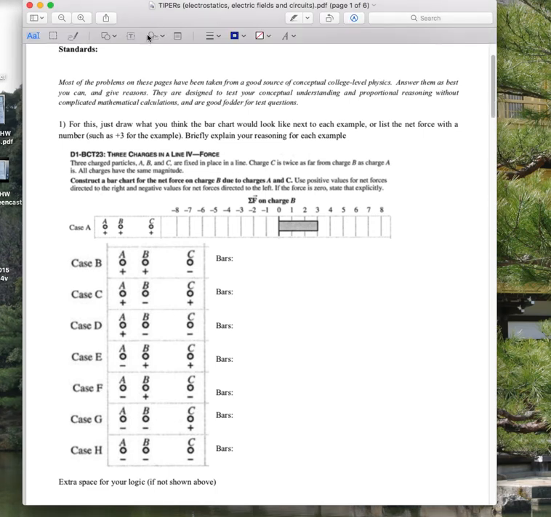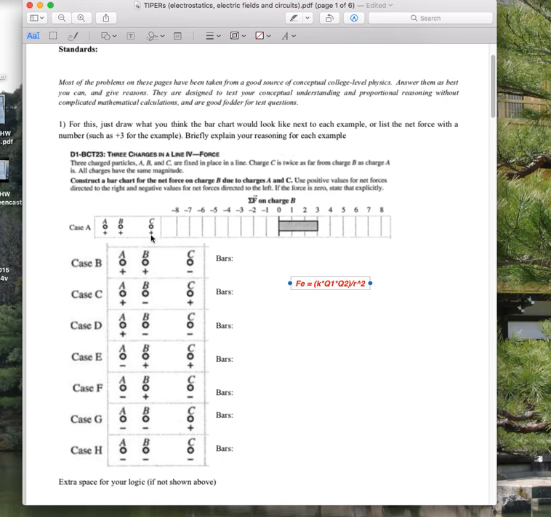Well, if I go back and think about Coulomb's law, which is that electric force is equal to the constant times Q1 times Q2 divided by the distance, R squared, what I can see from this general formula is that double the distance would cause the force to be a quarter as much.